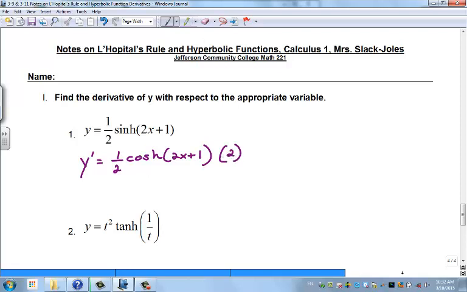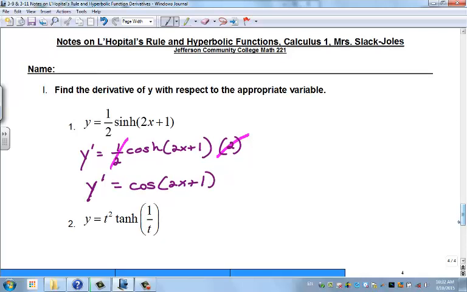And then, of course, our 2's will cancel. Bang, bang. And we get y prime is equal to cosh of 2x plus 1. Done. That one was easy. Someone should push the easy button on my desk.